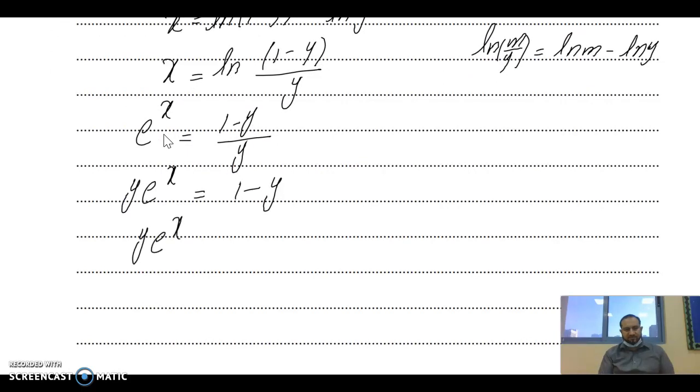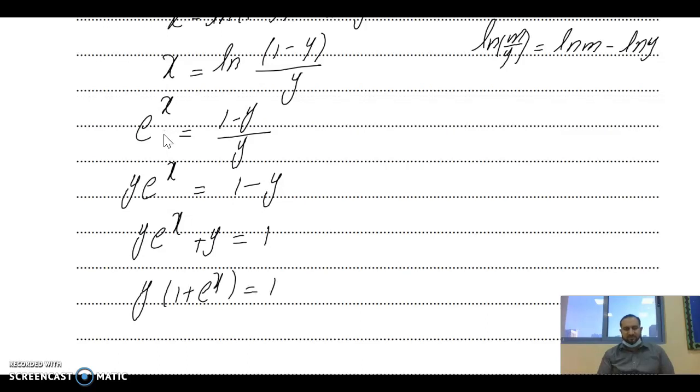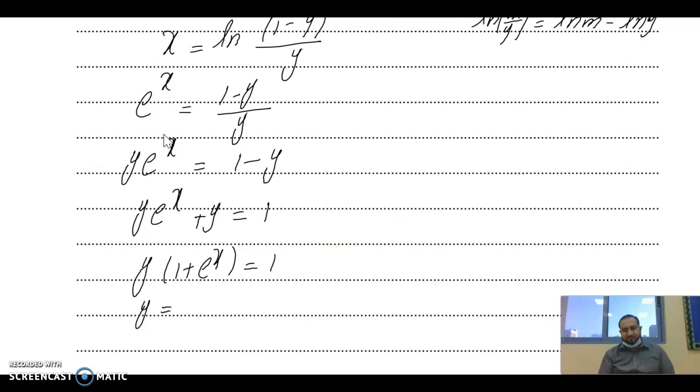So y e to the power x plus y is equal to 1. So from here we can see we're going to get y(1 plus e to the power x) is equal to 1, which means y is equal to 1 over (1 plus e to the power of x).